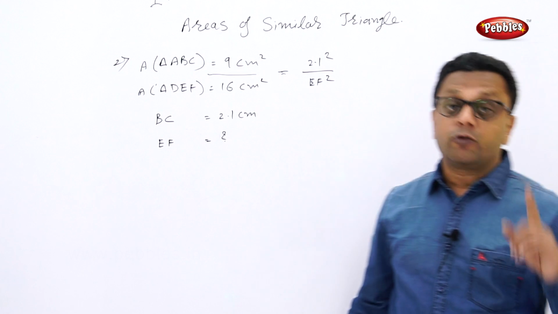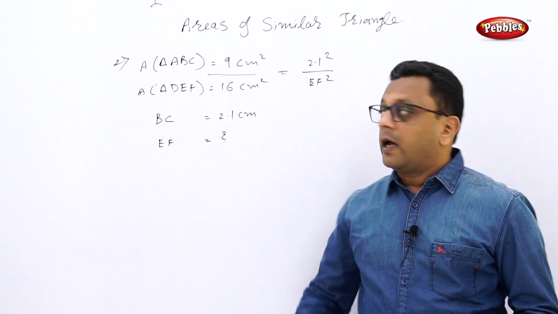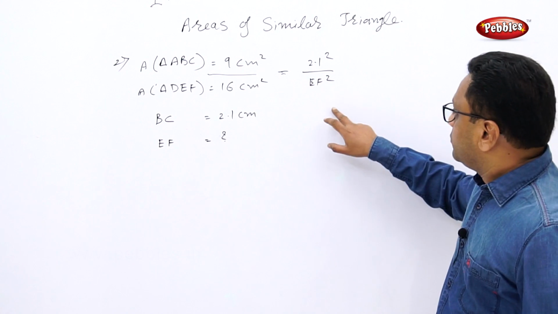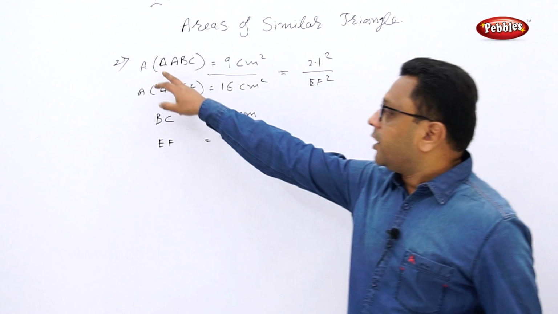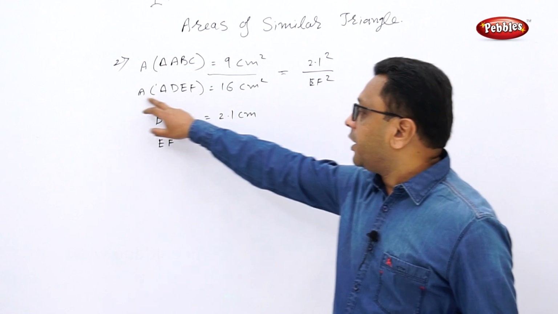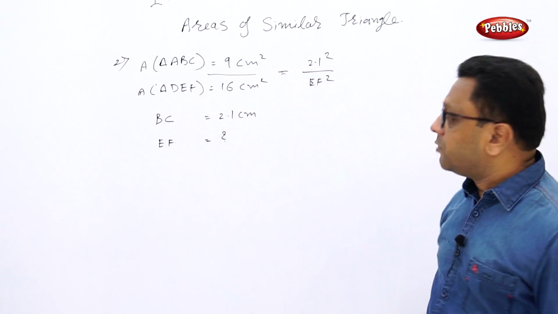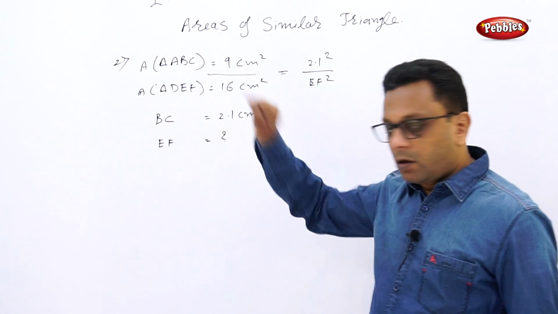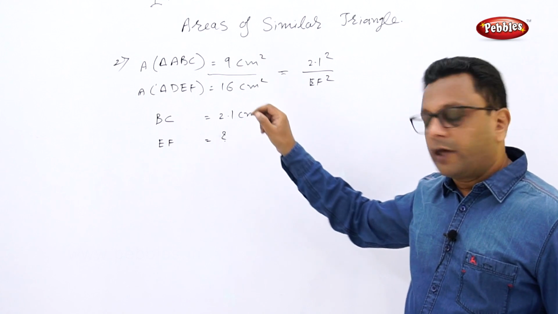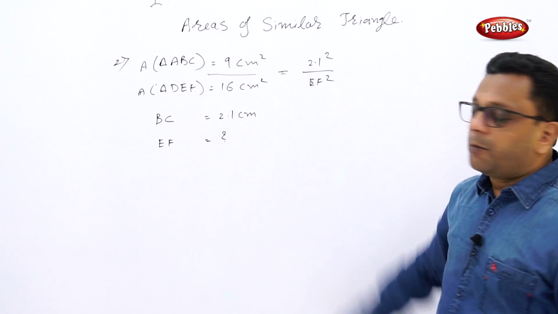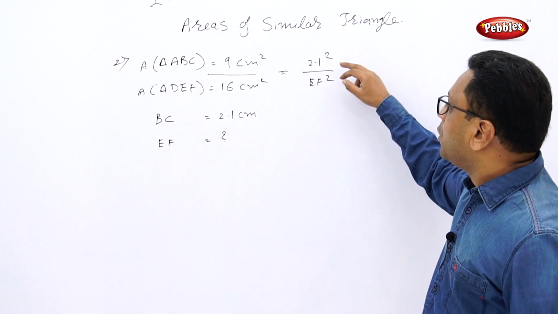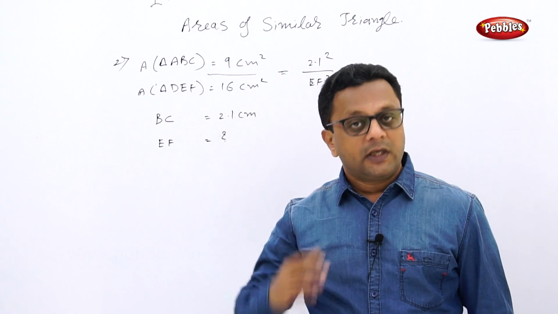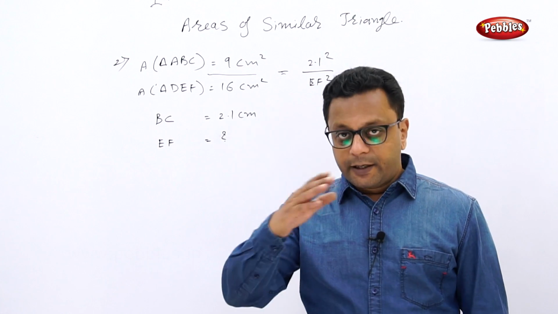I hope you can do it. So please pause your video right now and first draw the figure, even if it is not required, and then write that the area of triangle ABC upon area of triangle DEF is equal to BC square upon EF square, from the theorem. Then 9 upon 16 is equal to 2.1 square upon EF square, and then find the value of EF. So please pause your video and solve this.